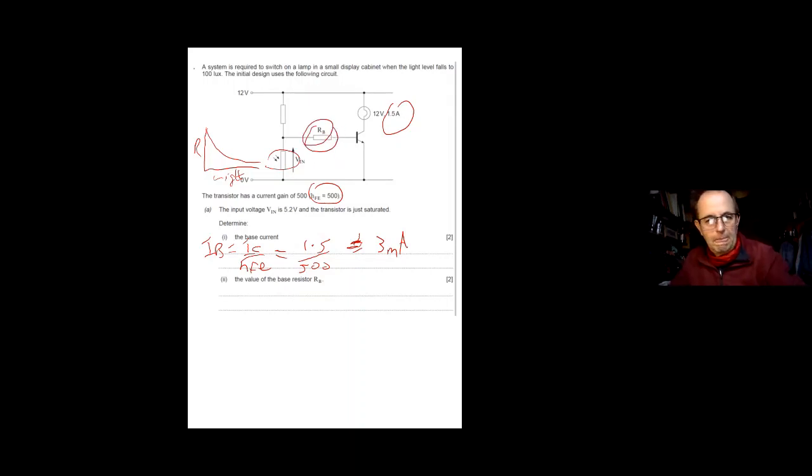The first thing is the voltage across the resistor which is going in, and that would be 5.2 take away 0.7. Why? Because 5.2 is what is coming in. Now remember, the transistor is going to take 0.7 volts.